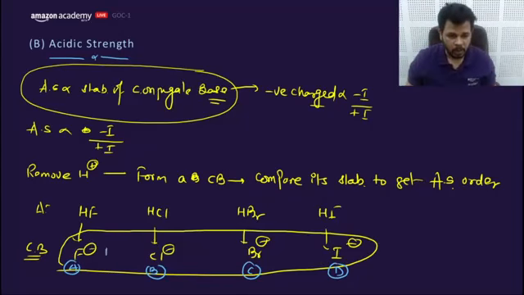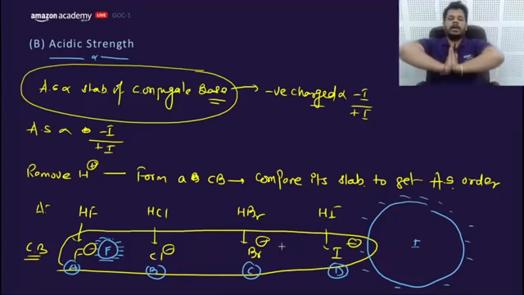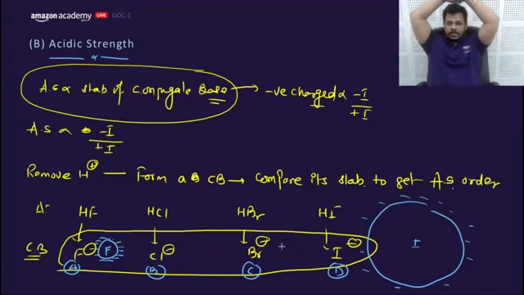F is very small, so the negative charge is very concentrated, whereas I is very large, so the negative charge gets distributed over the large surface of iodine. So charge will be felt less in iodine than in fluorine.